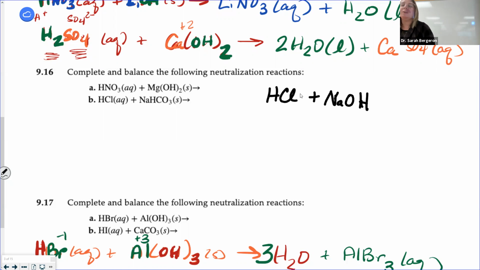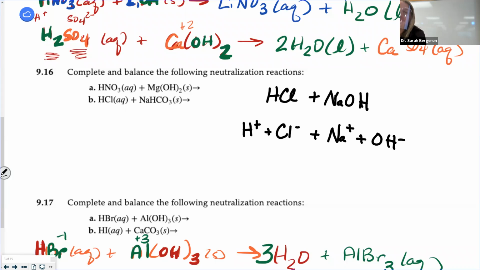Okay, what happens when I put both of these two things into water? I'm going to get an H plus what? Cl minus plus what? Na plus OH minus. So this H plus right here will combine with this OH minus right here, and we'll make what?